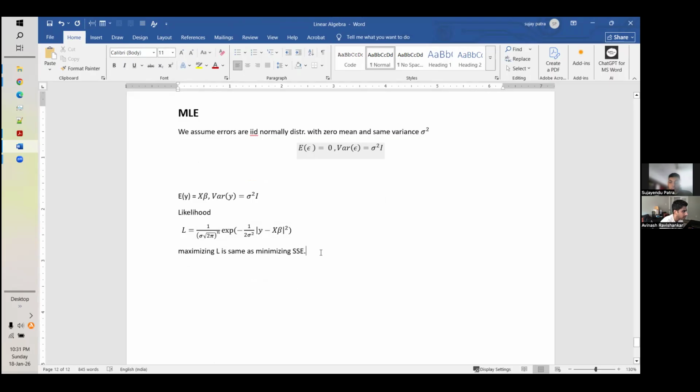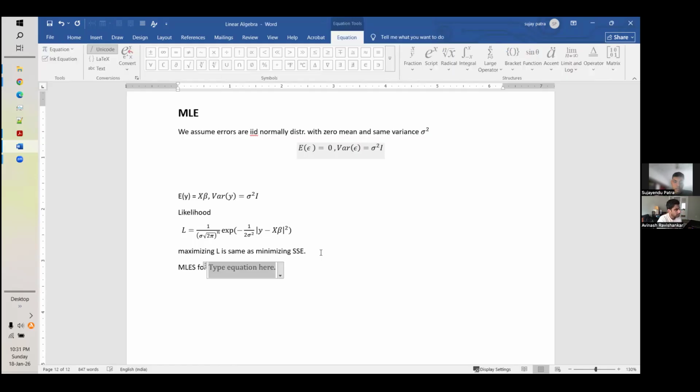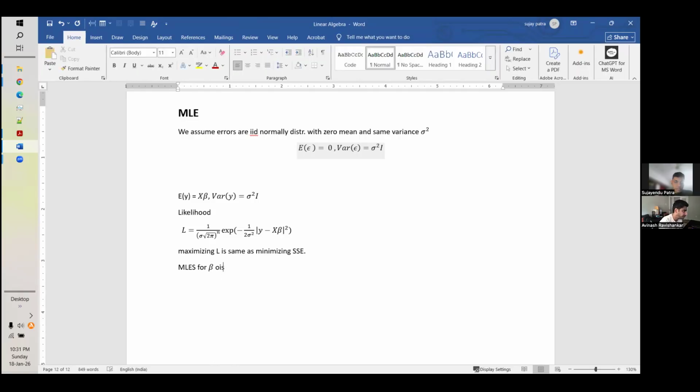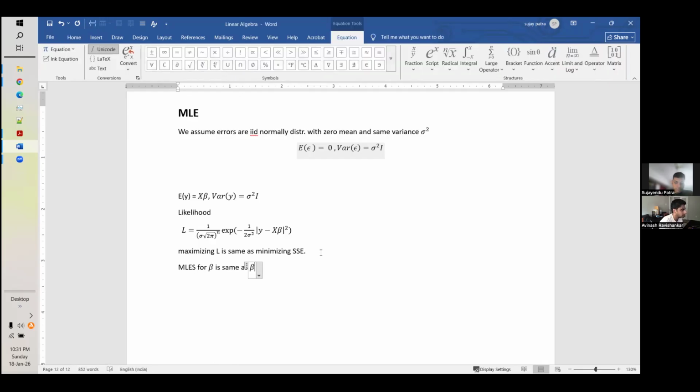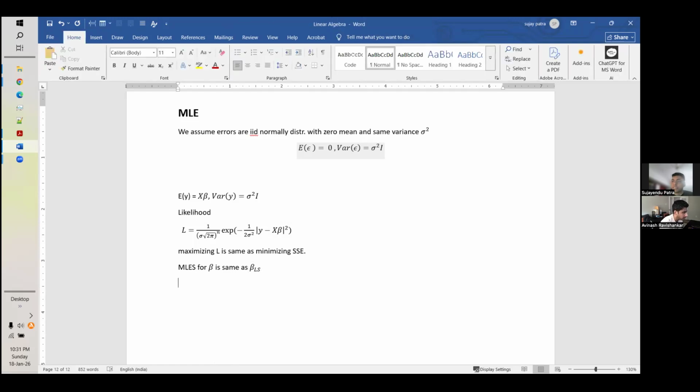So the MLE for beta is the same as the beta that you already get, beta least squares. So we have the same formula.